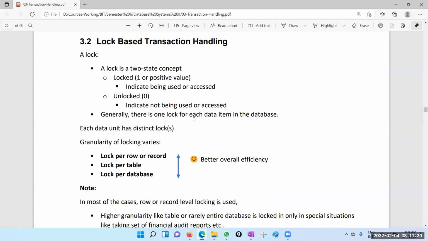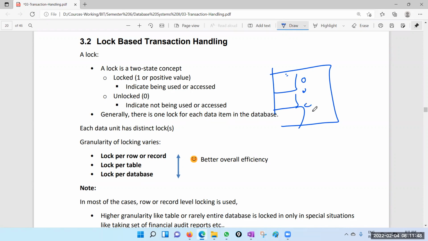But in transaction handling, we use two types of locks: the exclusive lock and the shared lock. Actually, in washrooms also we have both, right? Typically there is one area with the mirrors and other things where multiple people can be. That means a shared lock. But we have other areas where an exclusive lock is needed and only one person is allowed.